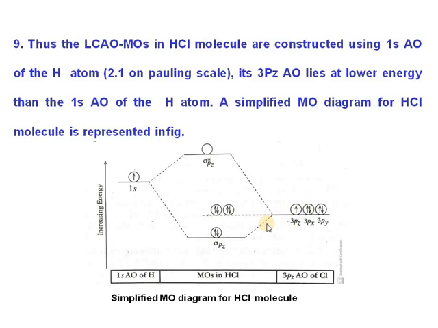So these single electrons come here, and form the new sigma pz molecular orbital of the HCl molecule. The remaining 2 electrons in 3px and 2 electrons in 3py stay as they are; they are the non-bonding electrons, and these electrons cannot take part in the molecular orbitals or in bonding between this hydrogen and chlorine.